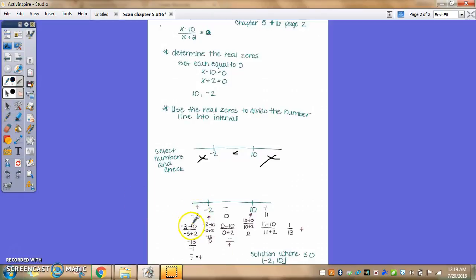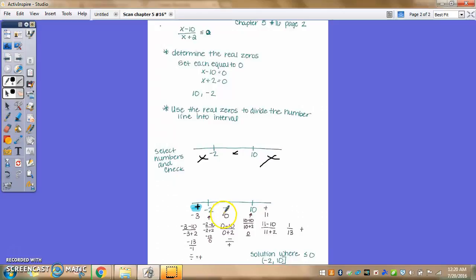I'm going to have negative 3 minus 10, over negative 3 plus 2. I'm going to end up with a negative over a negative, which means that this is a positive. A number less than negative 2 is going to be positive. So all the numbers from negative infinity to negative 2 would be positive.